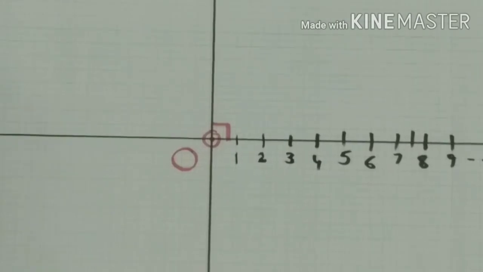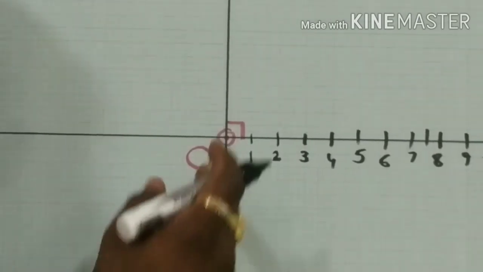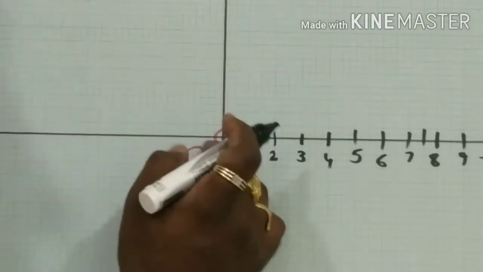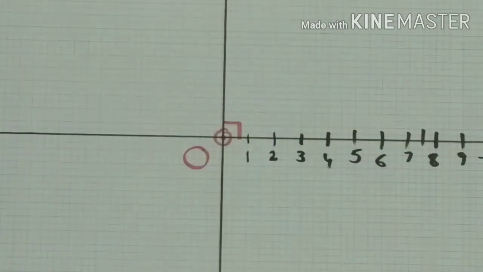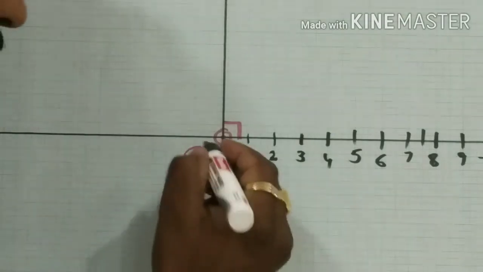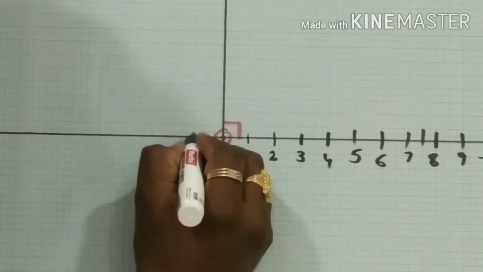Now, on the other hand side, I am writing negative numbers, because integers are 0, then positive numbers and negative numbers together. Now, I am leaving one line gap.